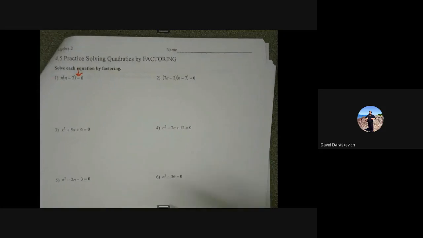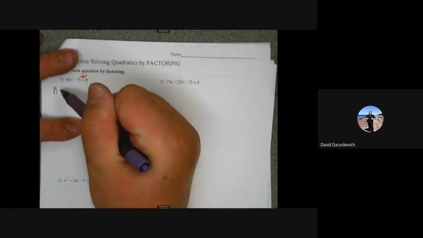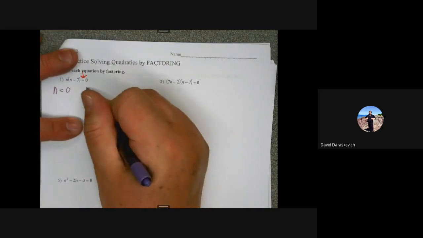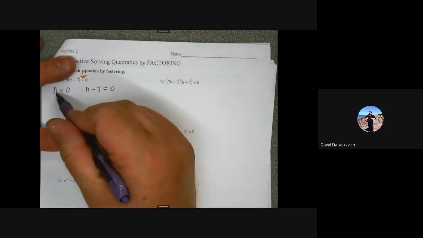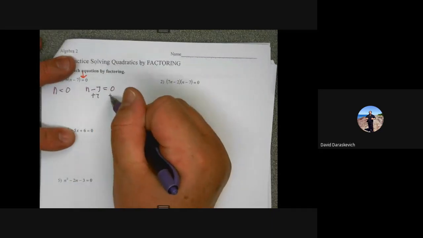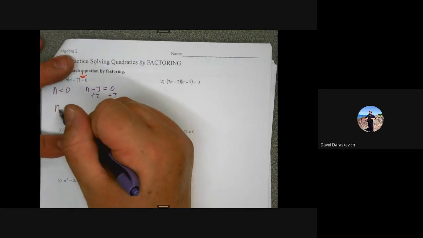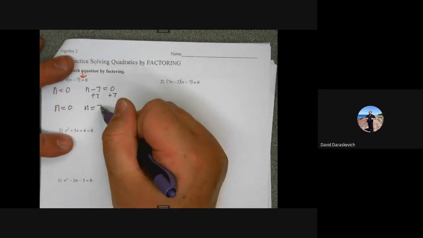So what you have to do is factor these and then set each one of these factors, this one has n, equal to 0. And then solve for the variable. This one I'm done. This one I'm going to add 7. So I get n equals 0 and n equals 7.